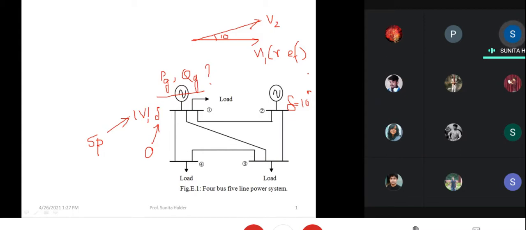Because if the generator capacity is more, then it will have more capacity to regulate its reactive VAR, and it will keep the voltage magnitude constant, like the infinite bus. So generally, the generation with maximum capacity is considered as this type of bus. This type of bus is called the slack bus. Slack means variable, where generation is variable. It is adjustable.